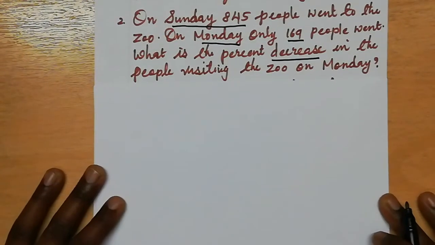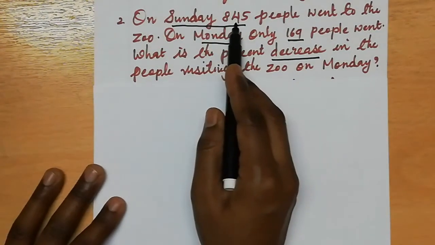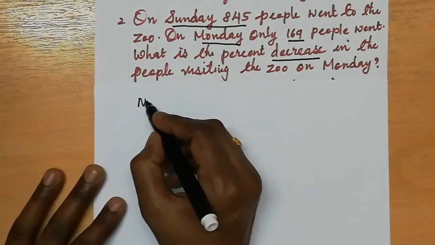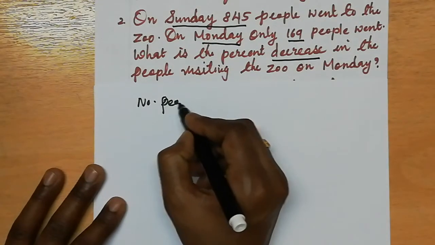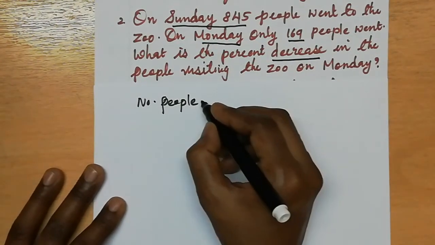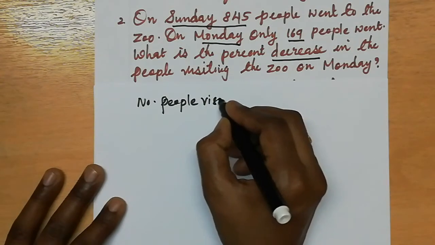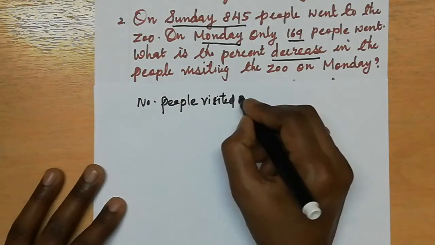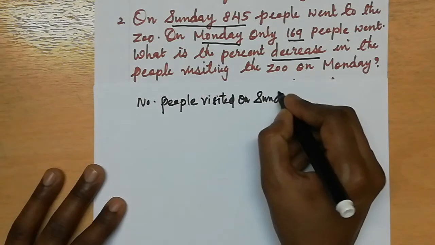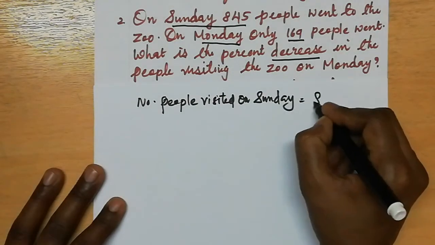So we will write here, what is the statement for 845 people? Number of people visited on Sunday is 845.